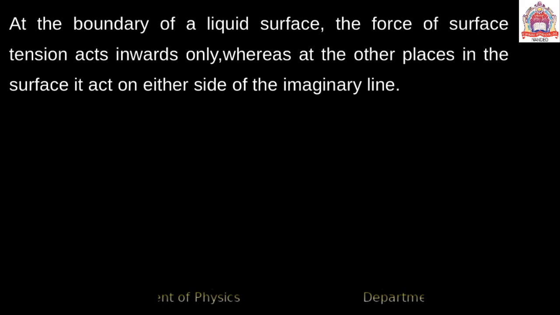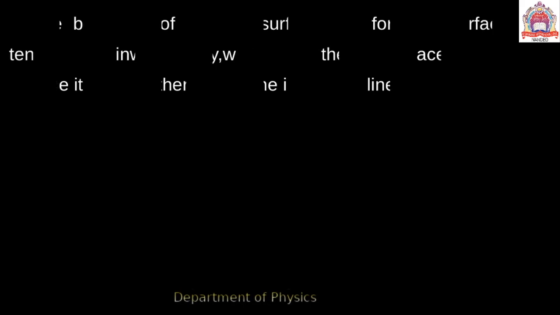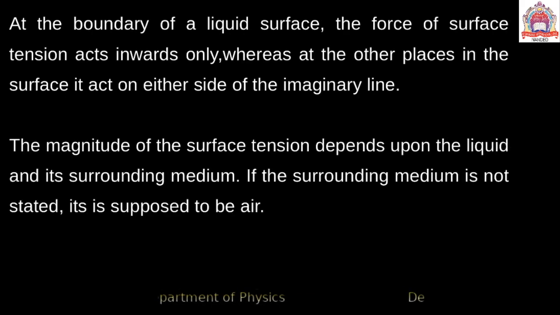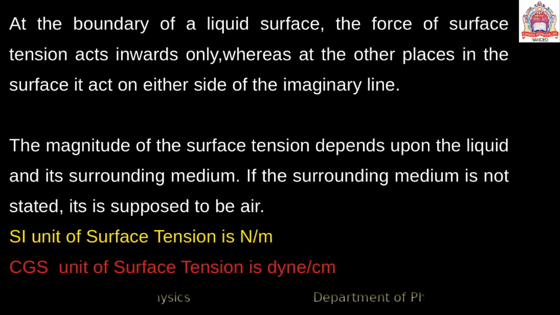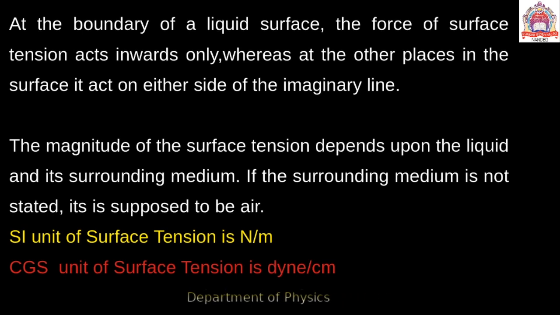So at the boundary of a liquid surface, the force of surface tension acts inwards only, whereas at other places in the surface it acts on either side of the imaginary line. The magnitude of the surface tension depends upon the liquid and its surrounding medium. The SI unit is Newton per meter, while the CGS unit is dynes per centimeter.